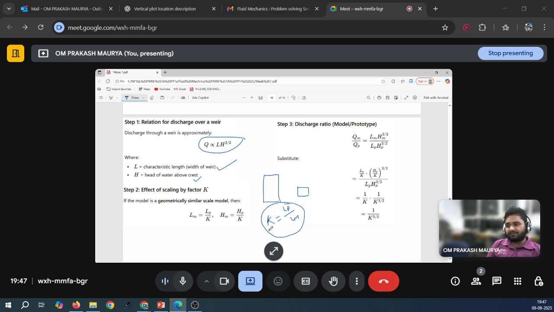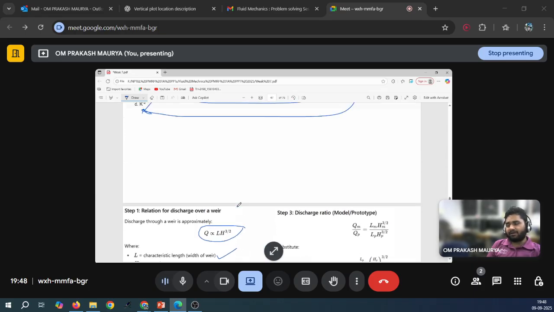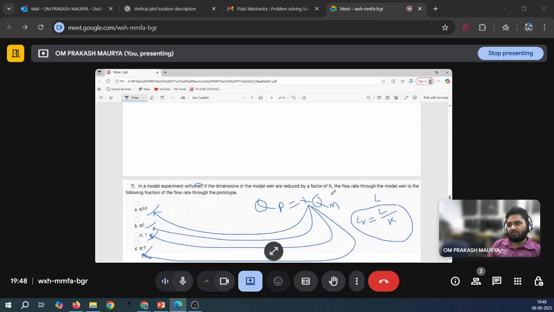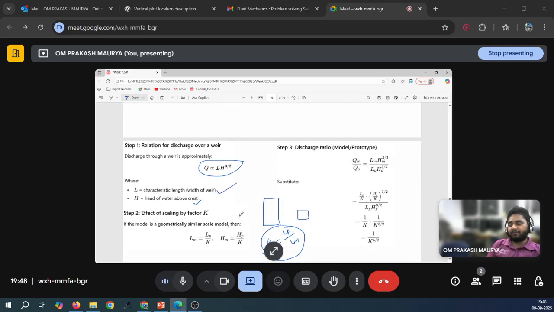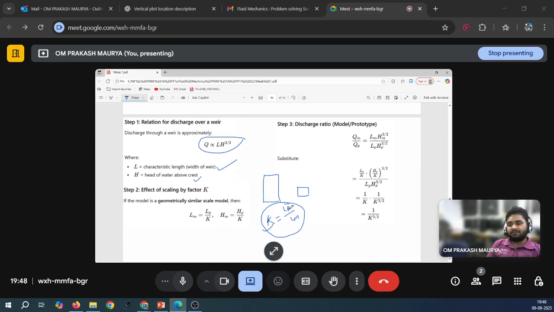After dividing you will get some factor, and that is the factor the question was asking about. So this was the main concept. The factor here is the scale. Remember please, scale means the prototype divided by model ratio.